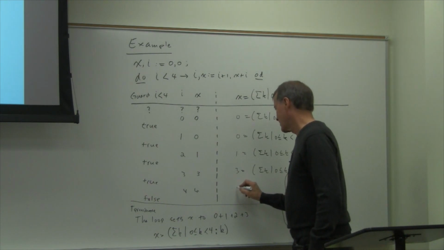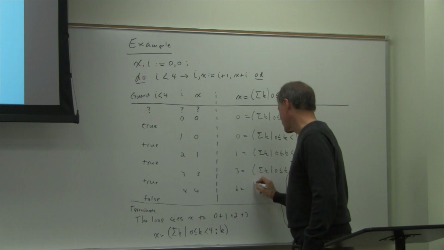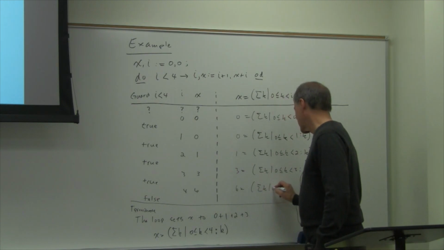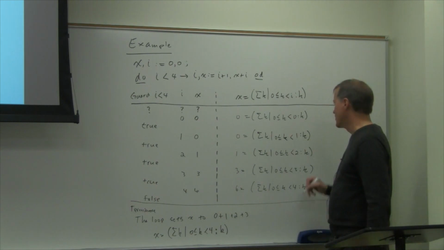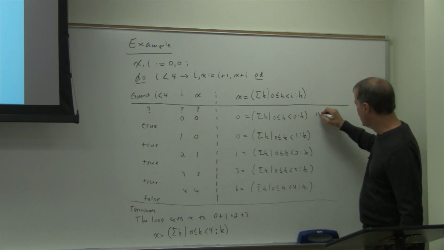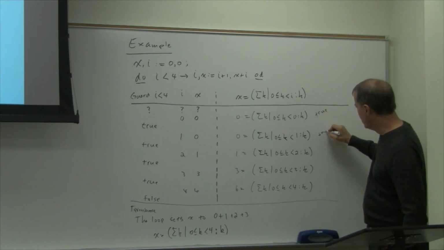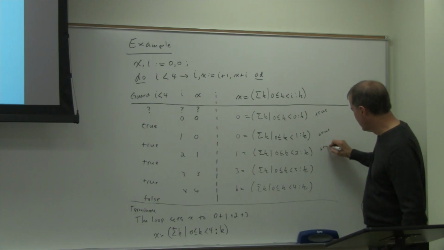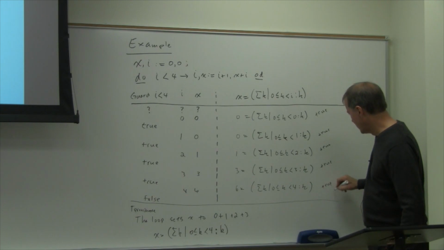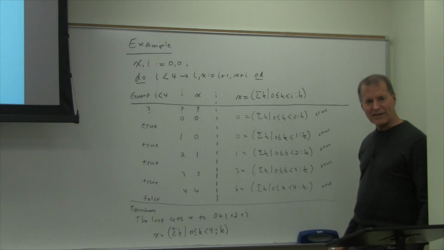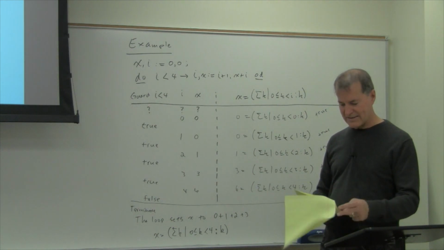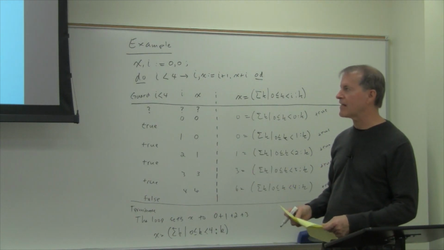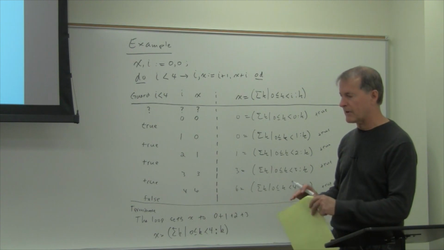And this says 6 equals the sum on k, 0 less than or equal to k less than 4, body k. So that's true. True, true, true, true, true. It's invariant, yes? It's true both before and after. So that's the concept of a loop invariant.